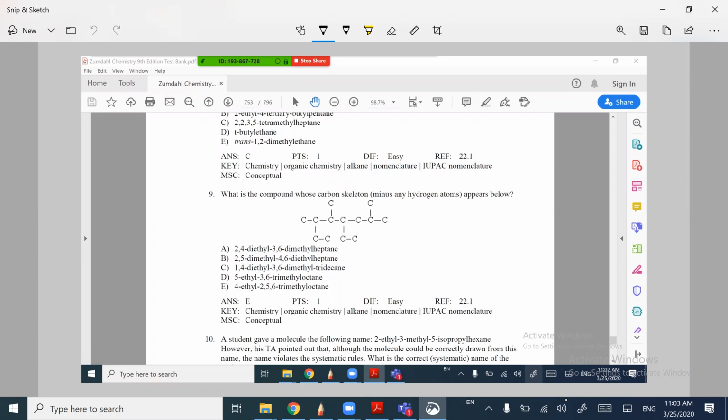Where is the longest carbon chain? 1, 2, 3, 4, 5, 6, 7, 8. Start giving the numbers from the side that has the crowdedness.